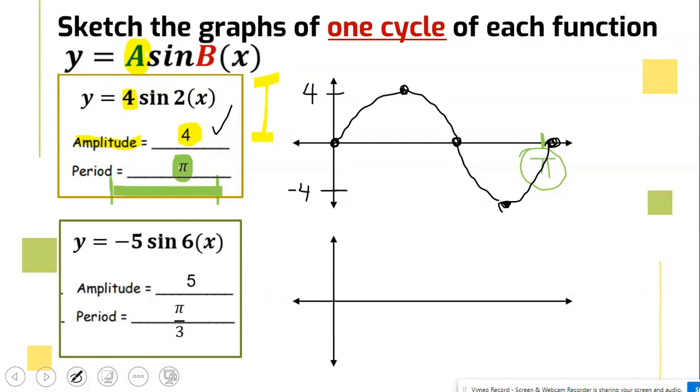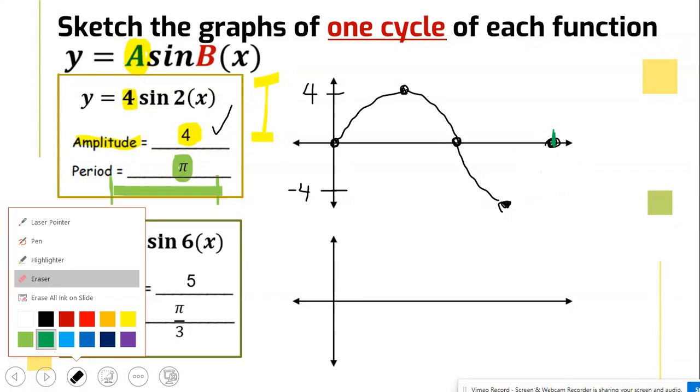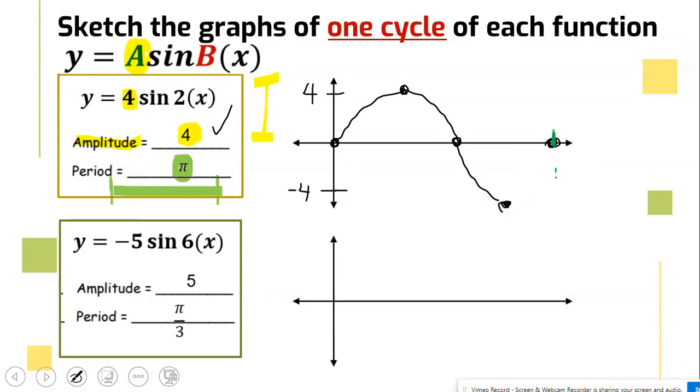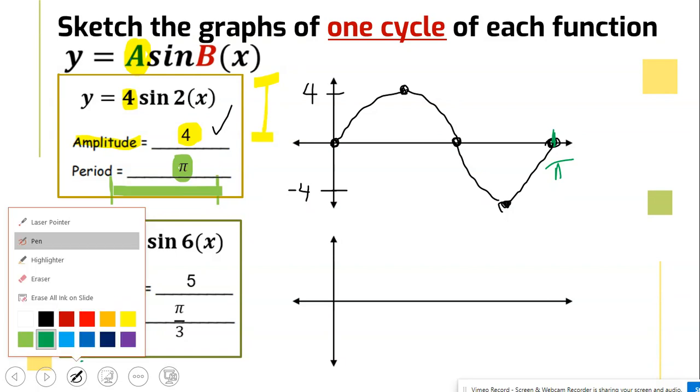Since we have that this value right here is pi, that was our period, right? We're going to need to label all of these. Usually I don't even graph the graph yet.